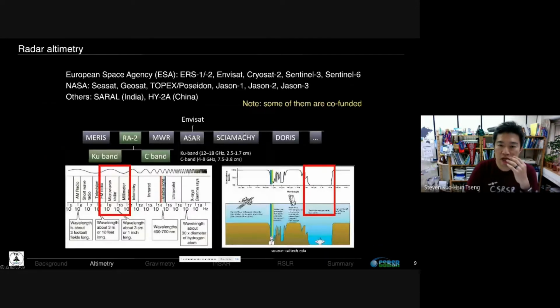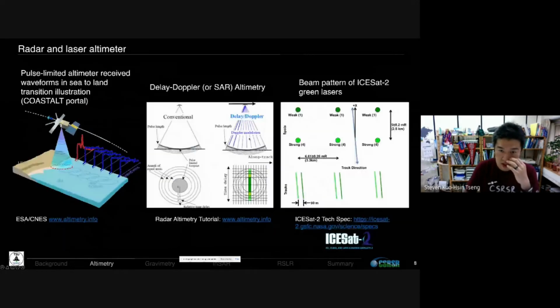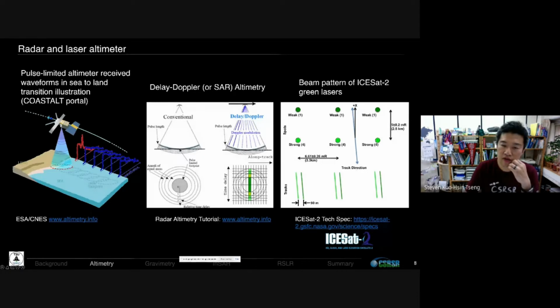The satellite uses this Doppler shift to identify which cross-track bands of the reflection. So basically, it can increase the resolution in these bands along the track by using the Doppler shift in the return signal.